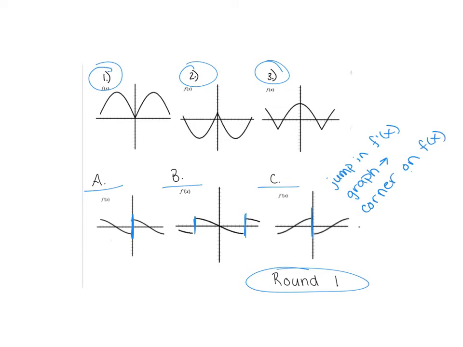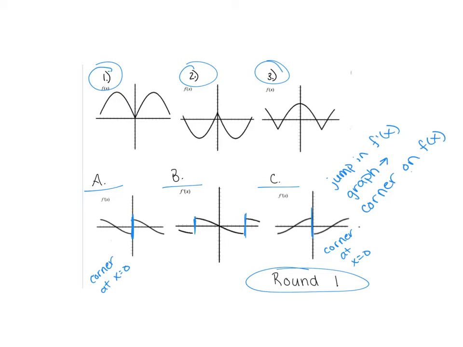So with derivatives A and C, we have jumps at x equals 0. So we know that we're going to need a corner at x equals 0 for both of those. So we're probably already thinking about what graph B is going to be because B has 2 breaks in the graph.